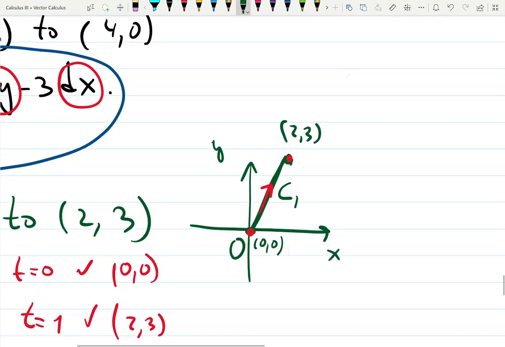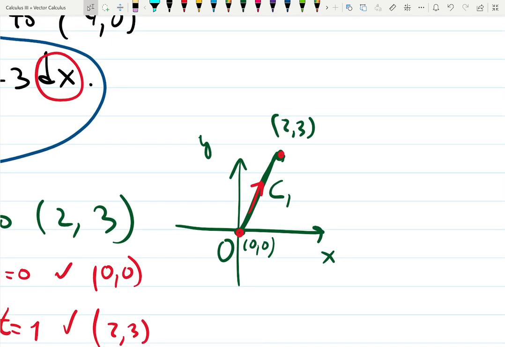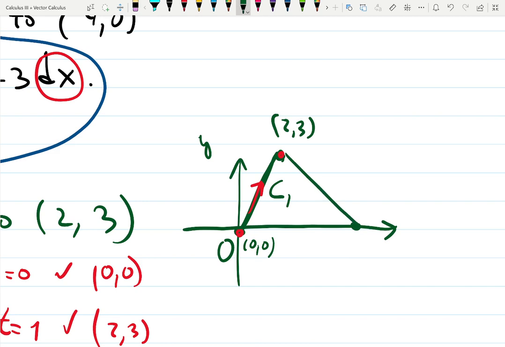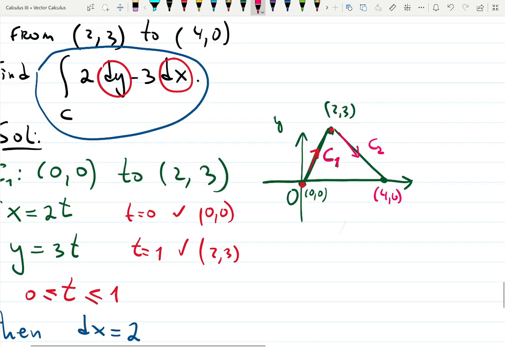I can actually just continue from here. 2, 3, 4, 0. So where is my 4, 0? It's going to be over here. 4, 0. So now we're going here. There's a direction. Don't forget, that's important. 4, 0, and that is C2. This one was C1. Then we combine those two.